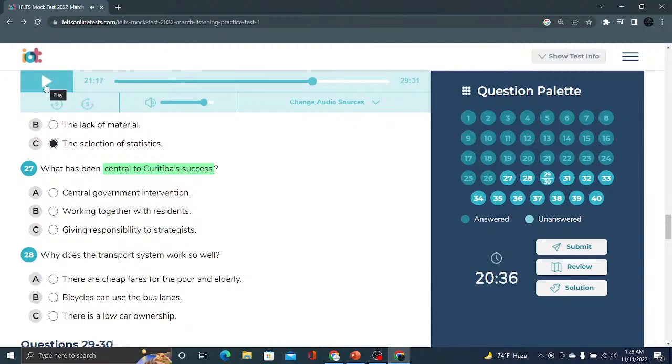Okay, you got the answer. He was saying that they chose a cohesive strategy where residents were consulted. So what do you think the answer would be?